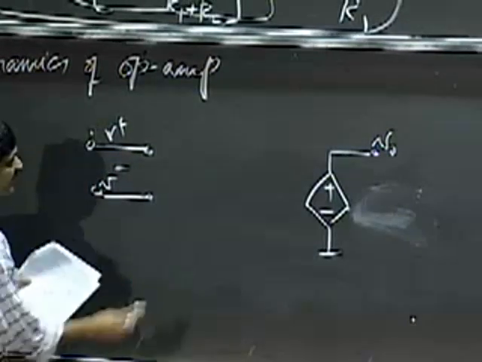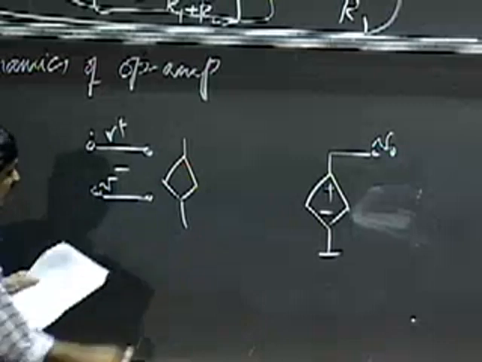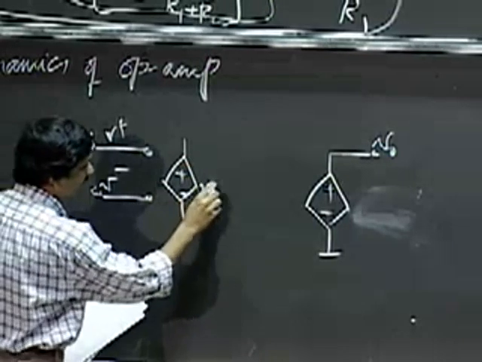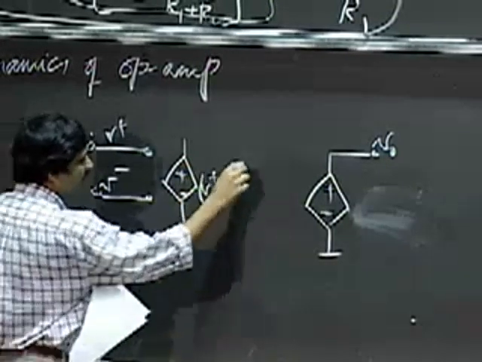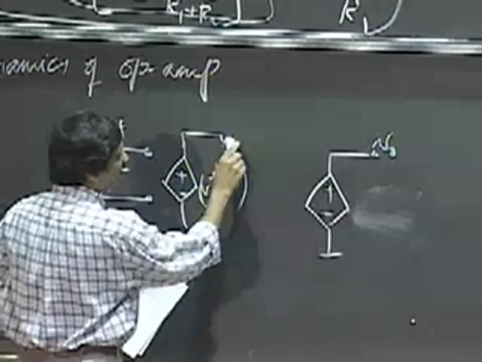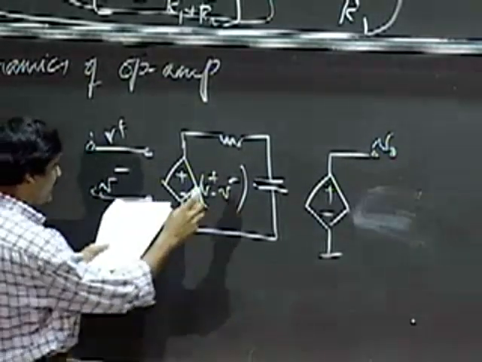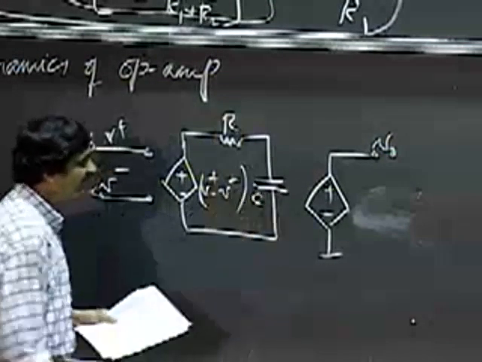Instead what we're going to do here is something slightly different and interpose the following circuit in the middle here. So this is a model to model the dynamics of an op-amp. So we're going to interpose a small RC circuit in here. This is R, this is C.